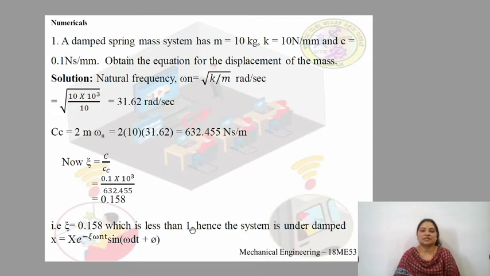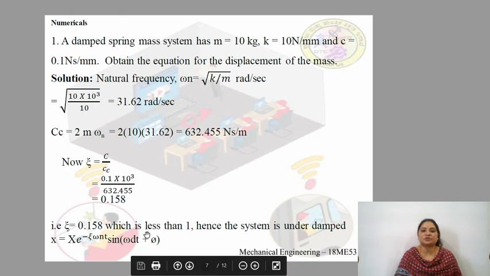We shall now discuss some numerical problems on the logarithmic decrement. The first numerical is as given here. A damped spring mass system has a mass of 10 kg and spring stiffness k equals 10 Newton per mm, and c is the damping coefficient, which equals 0.1 Newton second per mm.